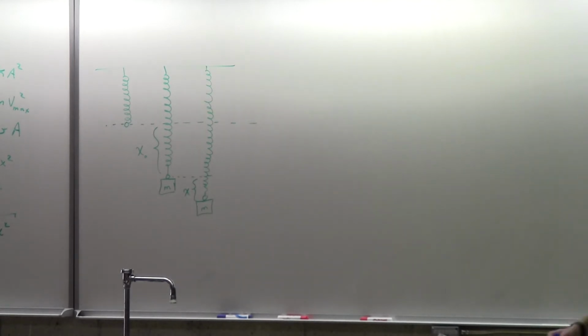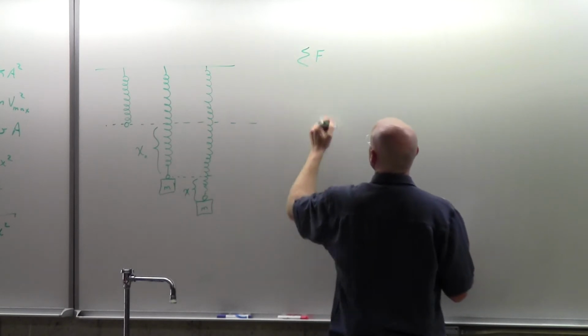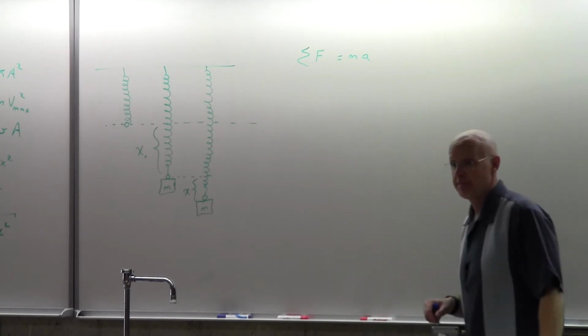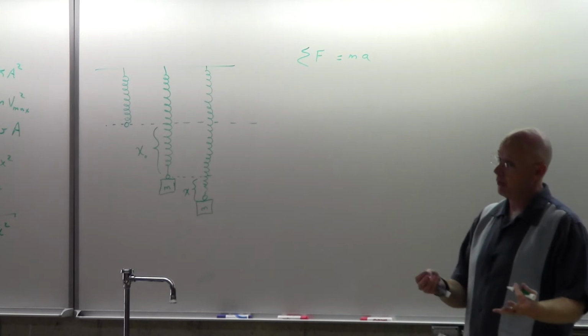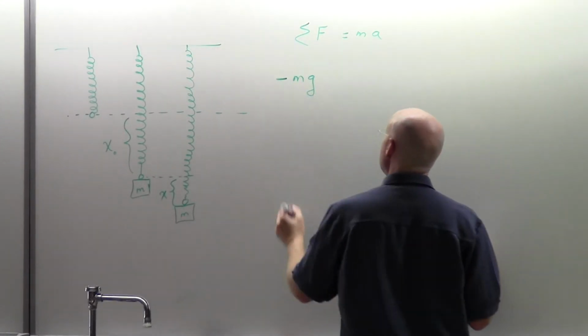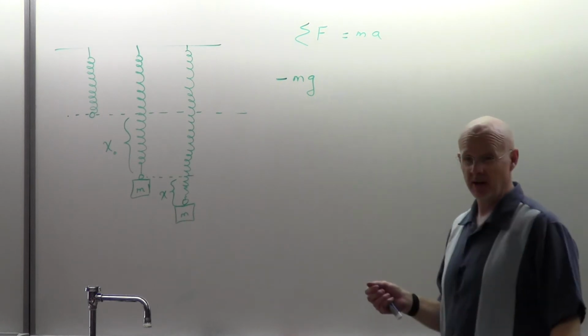But again, same thing we've been doing for the last hour. Can we write out all the forces? Set it equal to ma? All right, well, we have now the force of gravity. Yesterday we called down negative. Should I continue that? Anybody want to change?